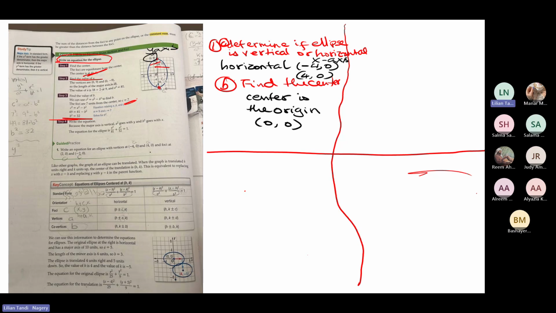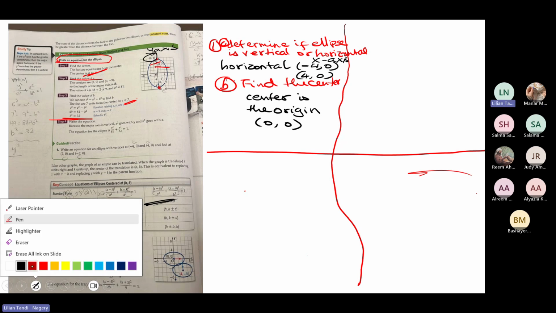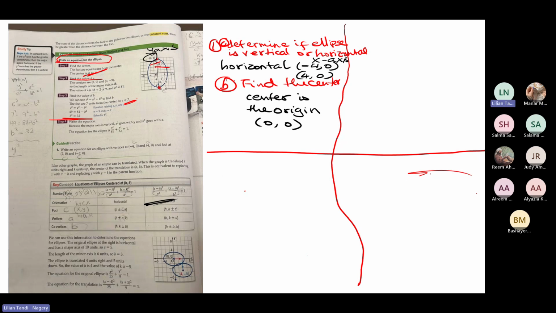All right, what is part 2? Find A and B and C. No, we don't need C. Why are you including C in our work? They give us the vertices 2, 0, 2 and negative 2, so it is C. Because they said the vertices is 4 and negative 4, so it is 4.